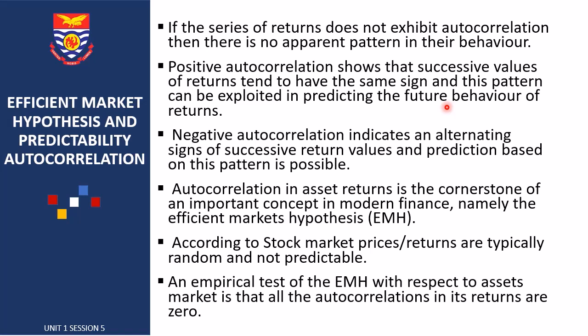So there is no way you can predict the next day's price using today's price. That's the whole idea of the efficient market hypothesis. According to it, stock market prices or returns are random. They are not predictable.